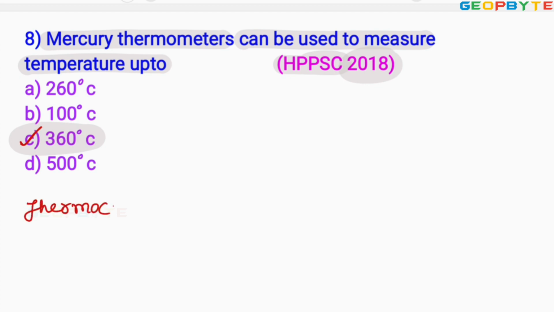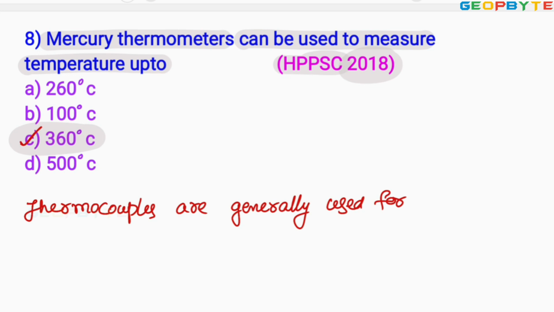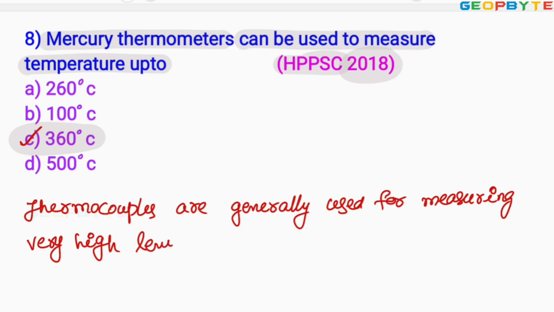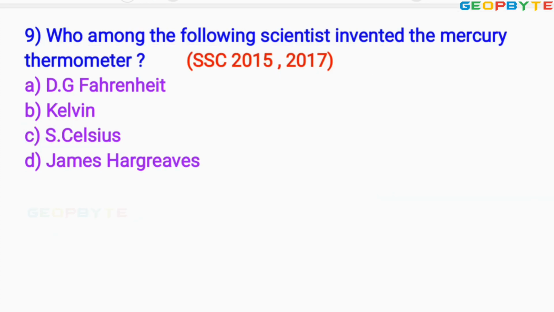Thermocouples are generally used for measuring very high temperatures. So anyhow, option C is correct. Let us take the next problem. Look at the ninth problem. Asked twice already for SSC exam 2015 and 2017.